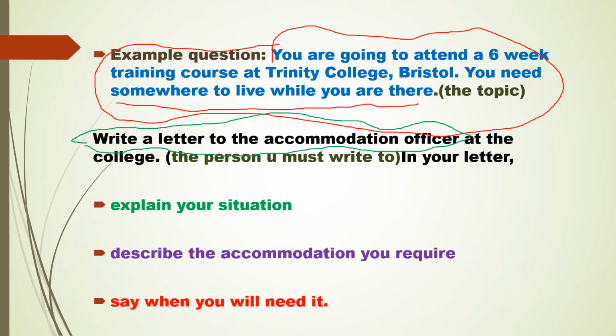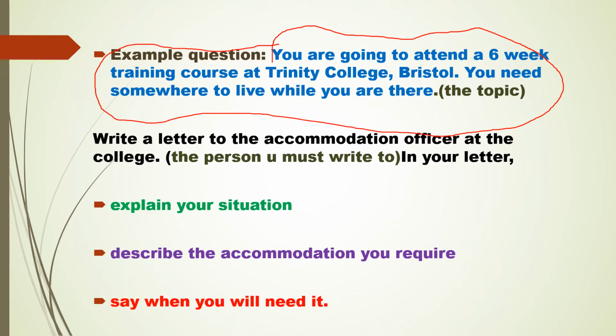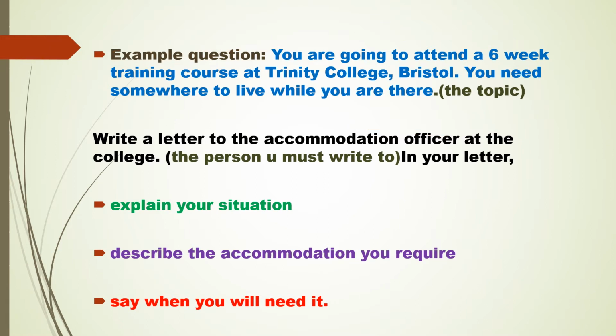You have to write a letter for accommodation to the accommodation officer. So he is the person you must address in your letter, the accommodation officer. And what is the purpose? Accommodation. You want to live somewhere. So this is the purpose, this is the person.